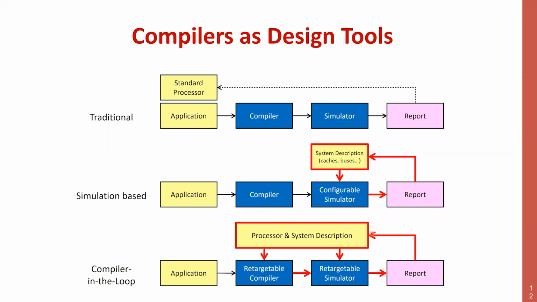That is, my processor and system are not fixed. I can change, is exactly what I'm describing here, right? I can change some parameters, modify, turn some knobs, or add little pieces of hardware here and there.